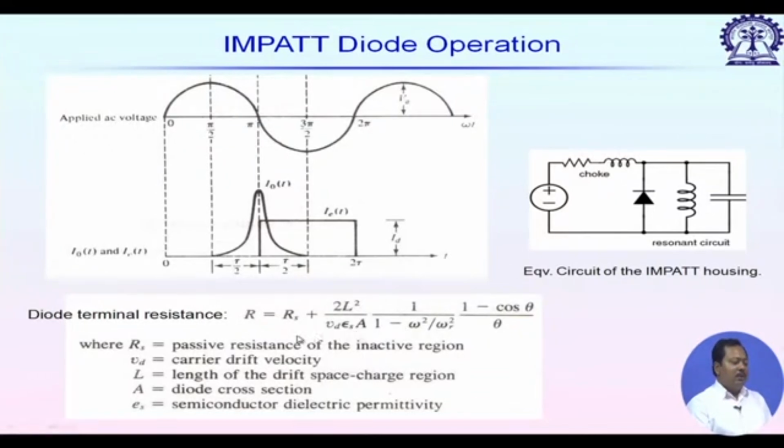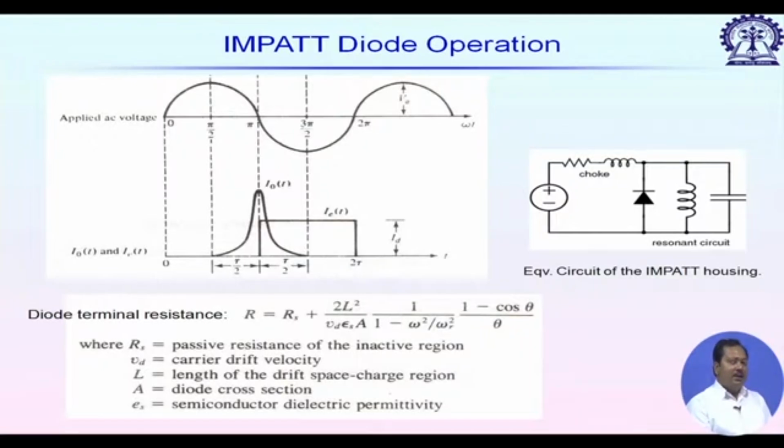So, diode terminal resistance depends on the passive series resistance of the inactive region, or I region, we can say. V d is the carrier drift velocity through I, and L is the length of the drift space charge region.